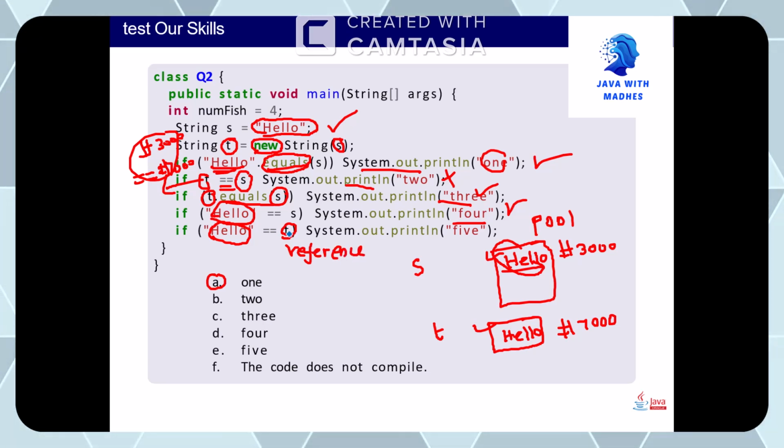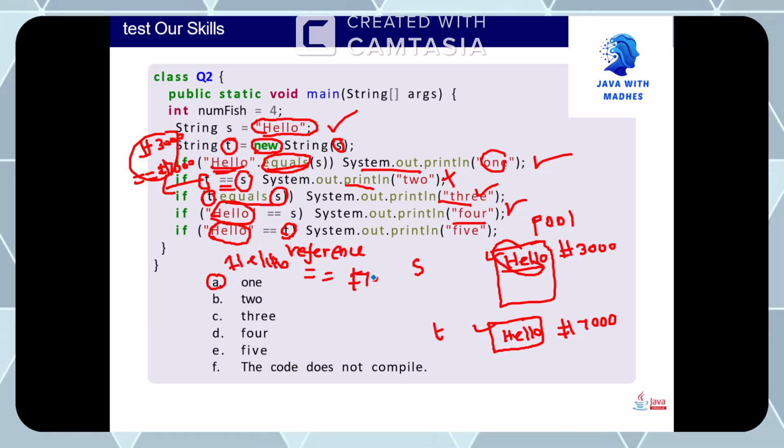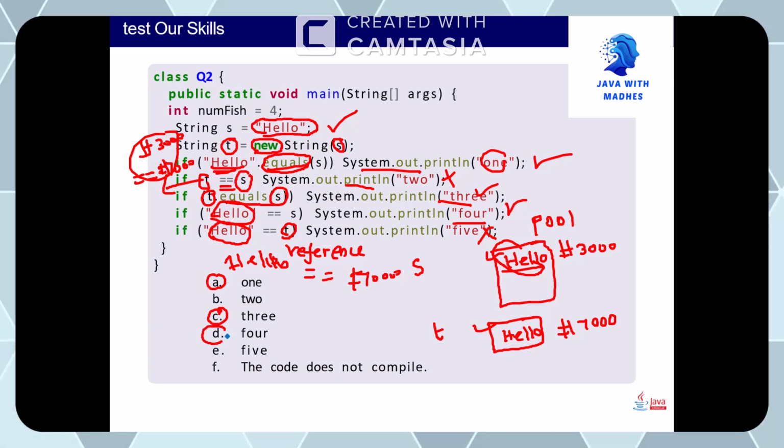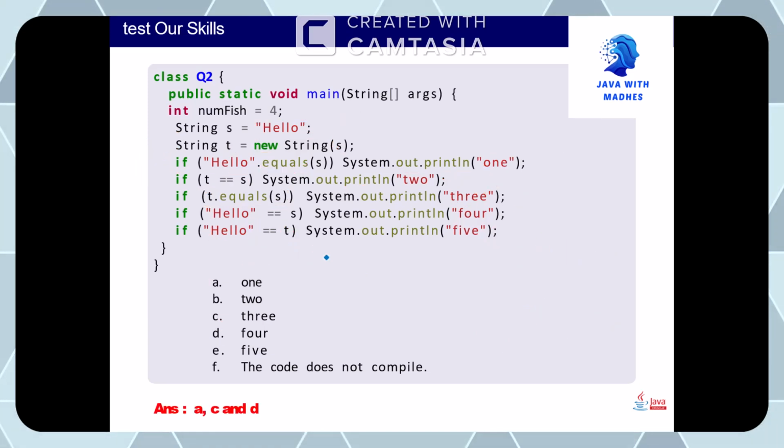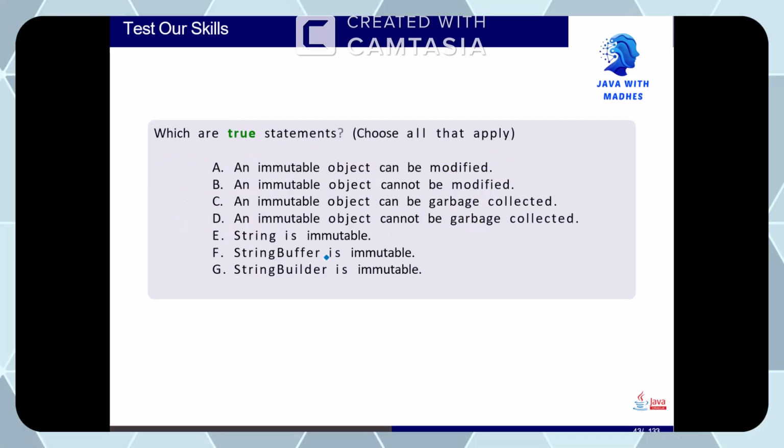It is not in the string constant pool. So here we are comparing hello with 7000. This is false, so we won't get 5. So 1, 3 and 4. So A, C, D is the right answer.